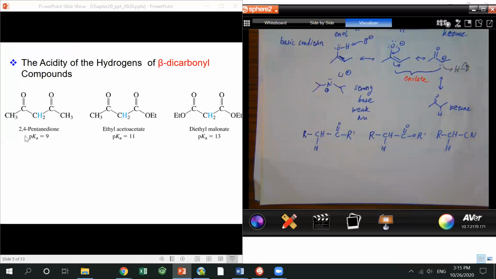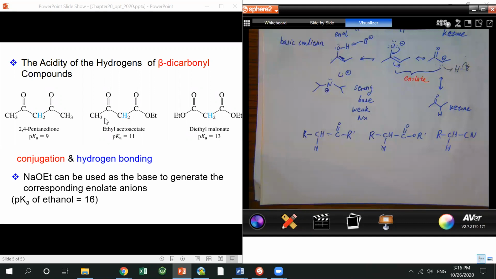Like 2,4-pentanedione, a dione, then the beta-carbonyl ester, which is ethyl acetoacetate, and the last one, a diester, with two esters connected to the central alpha carbon. You can see the pKa becomes about 9 up to 13. Those pKa values are pretty low, which means this hydrogen is easy to lose.